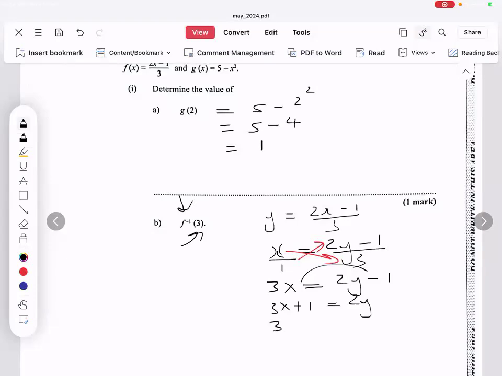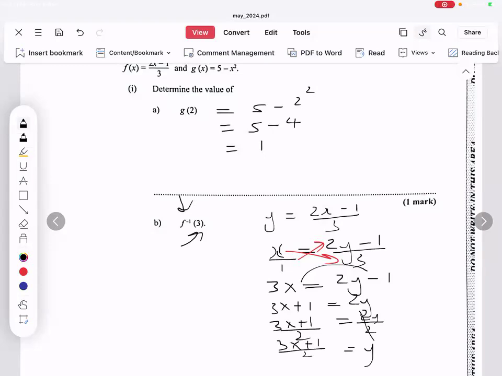And if you divide both sides by 2 now, cancel that. y is equal to 3x plus 1 over 2.